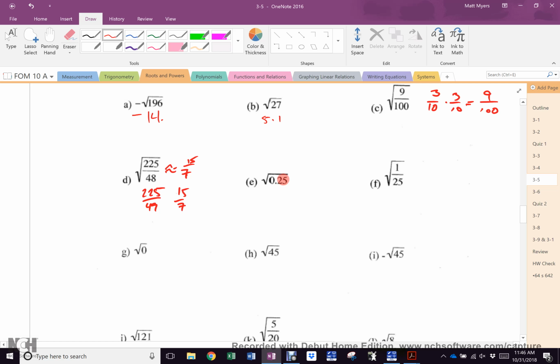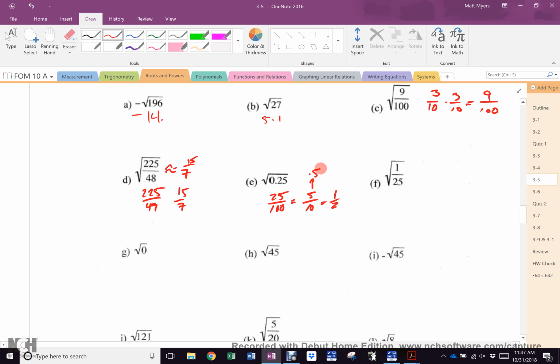25 is easy. What's the square root of 25? 5, right? Okay, but that's not 25, is it? It's 25 over 100, right? So, square root of 25 is 5, square root of 100 is 10, but you would never hand that fraction in to Mrs. Bad Crumble. It's 1/2, or 0.5.